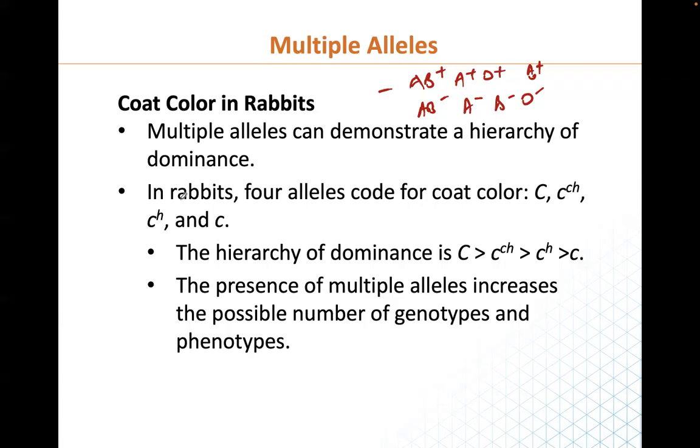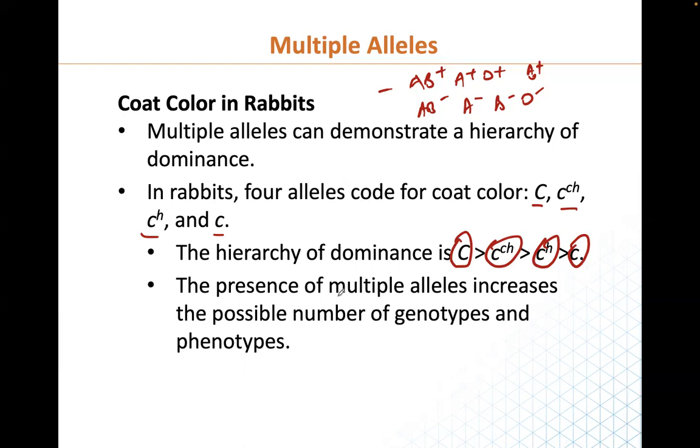For example, in rabbits, we have four alleles that code for the coat color. We have these, these, these, and these. The hierarchy of this one is higher than all of them. But the hierarchy of this is higher than these two, and the hierarchy of this is higher than this. Hierarchy means rank.